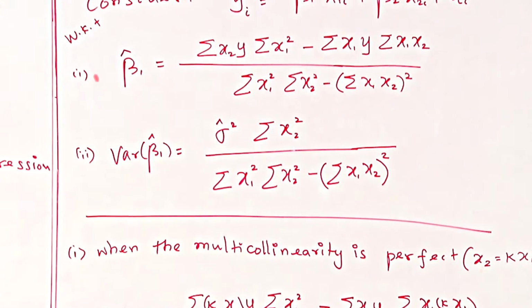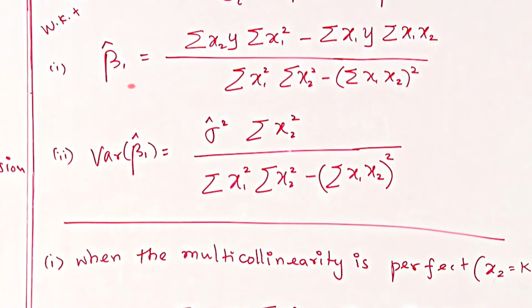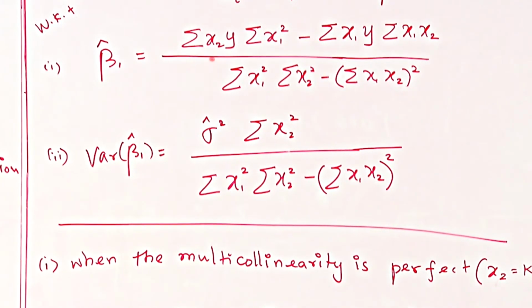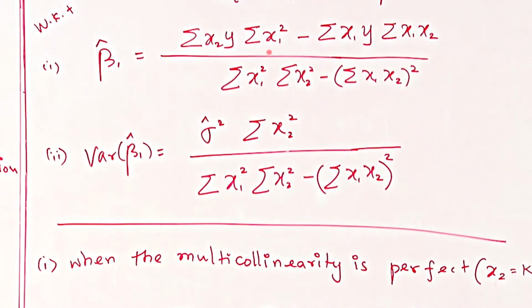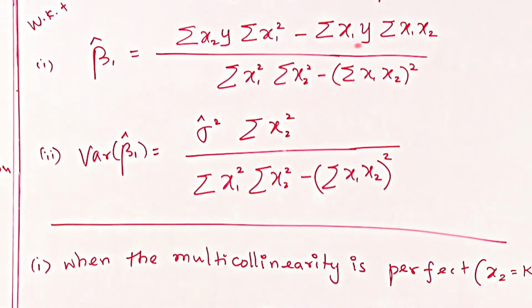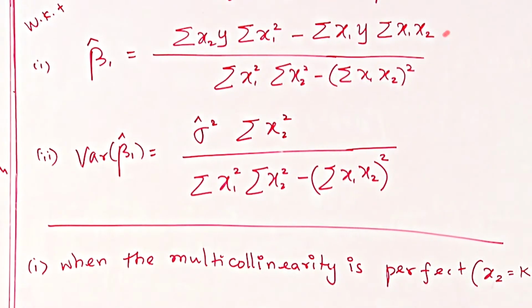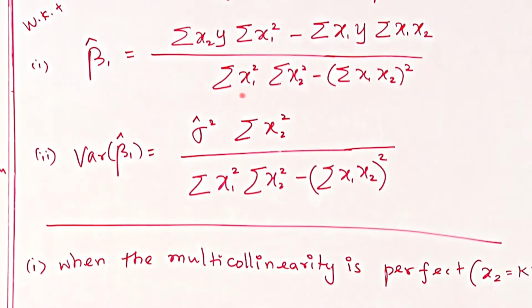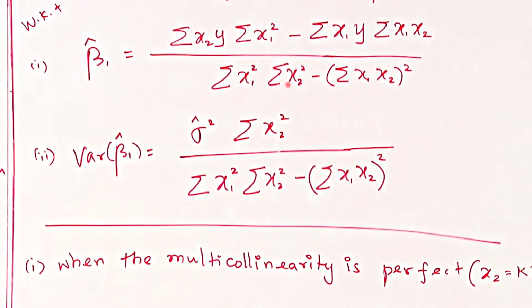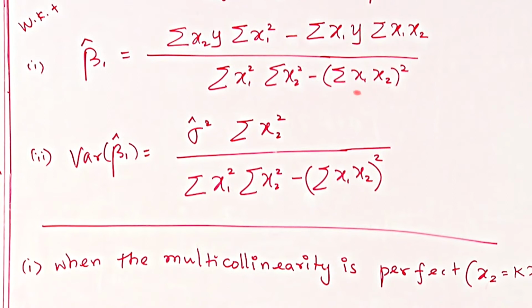We already know that in this equation, beta 1 hat is equal to (sigma x2 y times sigma x1 square minus sigma x1 y times sigma x1 x2) divided by (sigma x1 square times sigma x2 square minus (sigma x1 x2) the whole square).